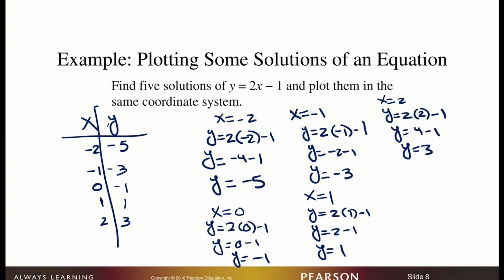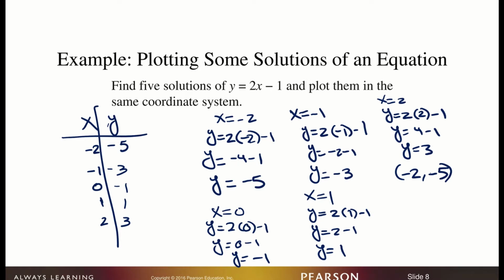All right, so notice that an increase of 1 in the x values corresponds to an increase of 2 in the y values here. Now, if you're going to represent the solutions, you're going to represent them as ordered pairs.